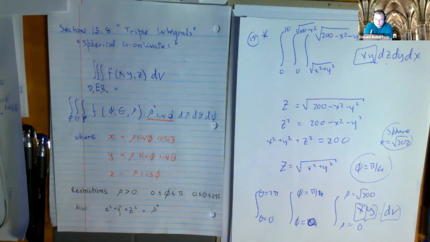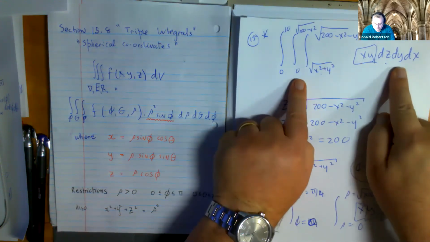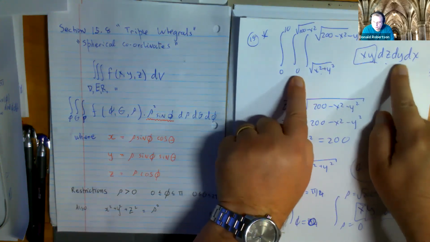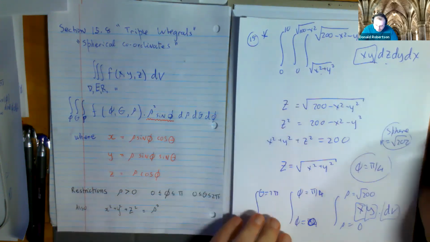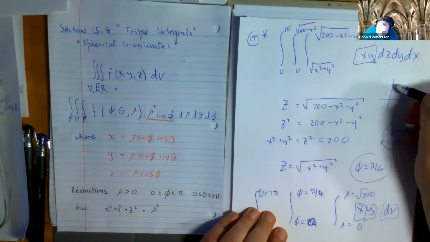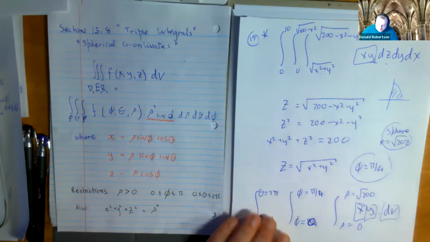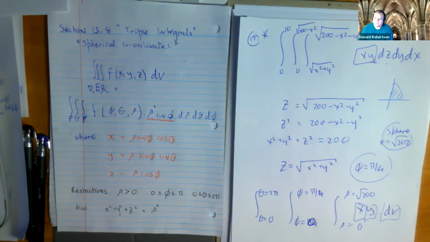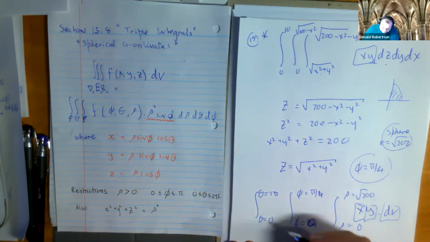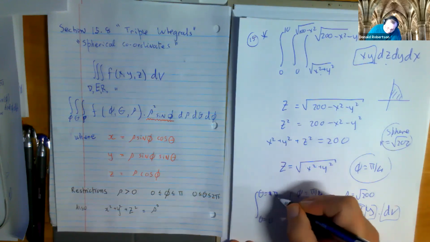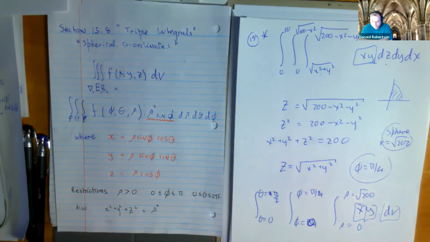Isn't this only using the positive values for y and x? Which means if you're only using the positive values for x and y, aren't you only talking about this part of the world? So theta doesn't go from 0 to pi. Theta goes from 0 to pi upon 2.